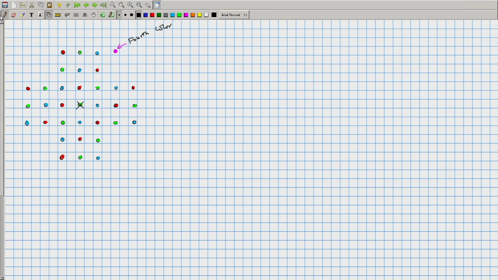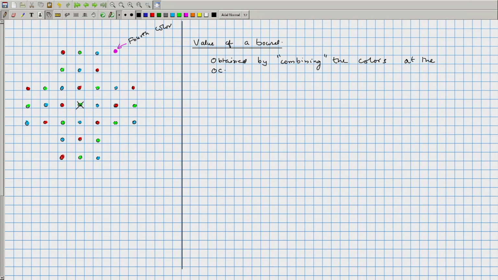Okay. So, let us just write our setup. We define what is the value of a board. This is obtained by combining the colors at the occupied positions.